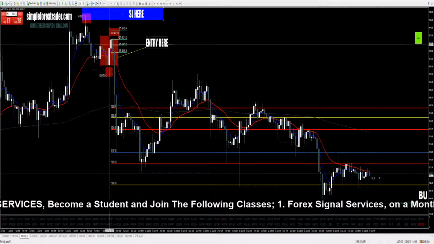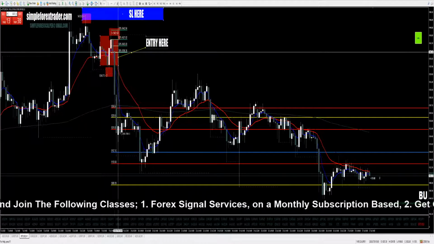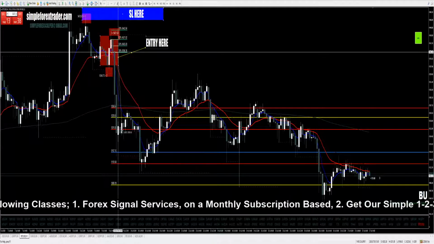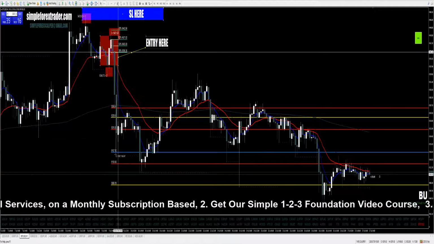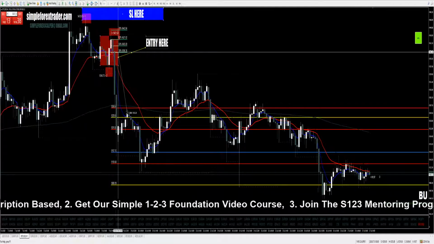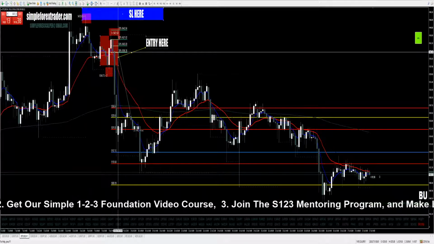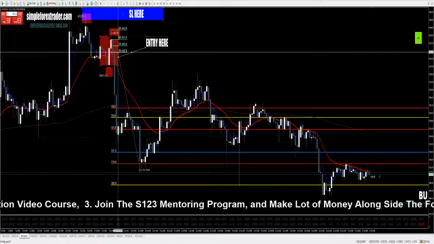So we enter here, first target hit, second target hit, third target hit, 4th target hit, see, in that one massive candle, and then retrace back to just below 1, and then come back and take our 5th target down here.